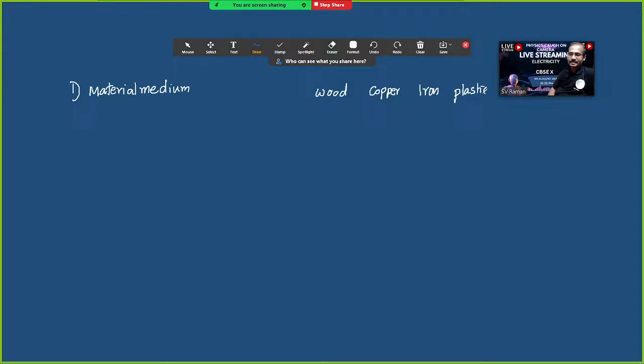You can easily touch the wood because wood has maximum resistance. At the same time plastic also. If the plastic is a little wet, then probably we will get a shock. Yes or no? Coming to copper and iron, both will give a shock. But copper conductivity is much more than iron. So I hope you understand that copper conductivity is much more than iron.